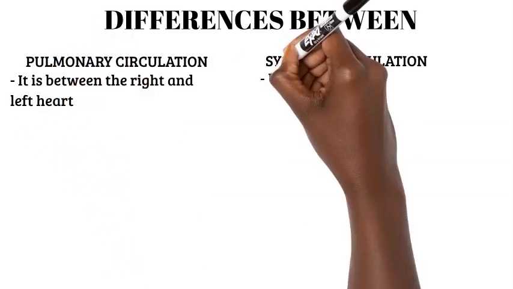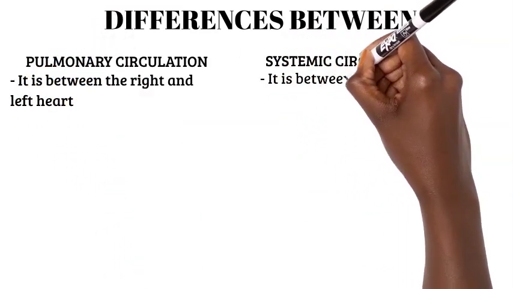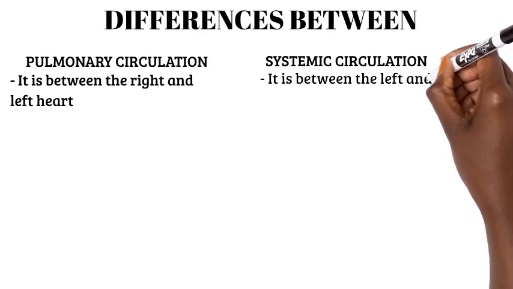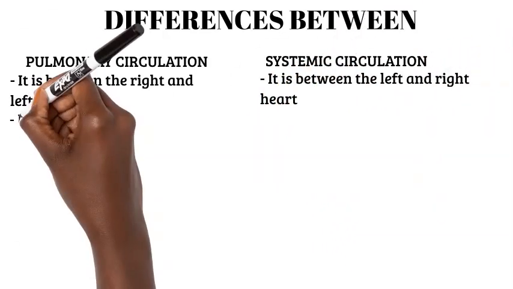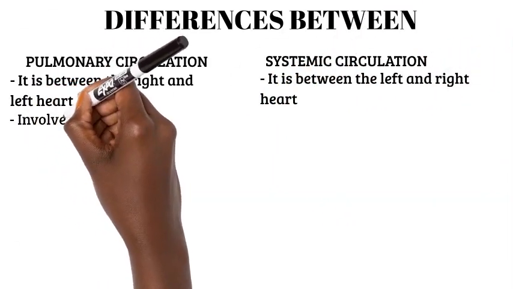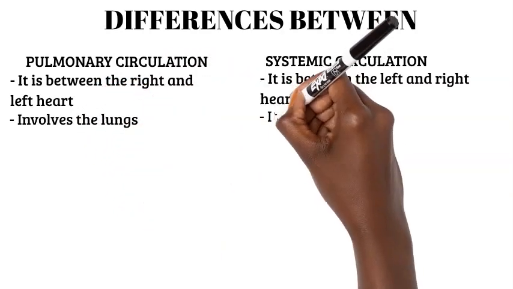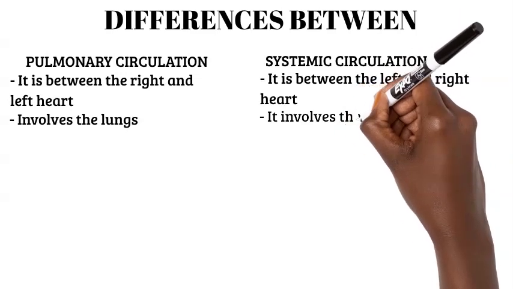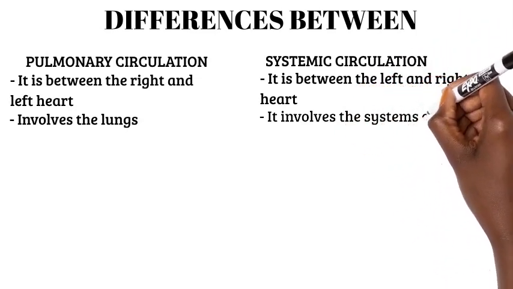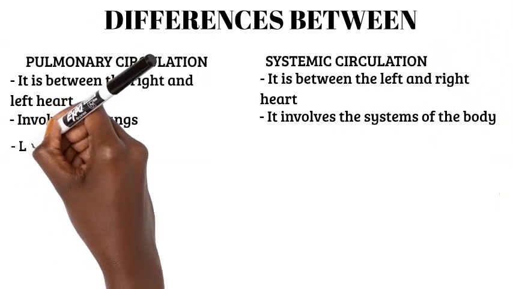Pulmonary circulation involves the lungs. Systemic circulation involves the systems of the body. In pulmonary circulation, fewer organs are involved. In systemic circulation, more organs or systems are involved.